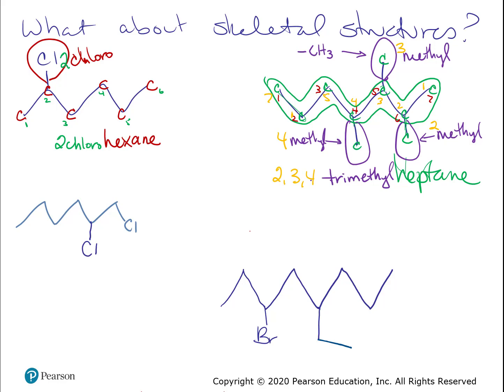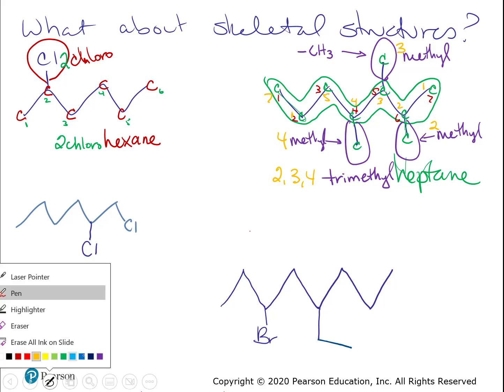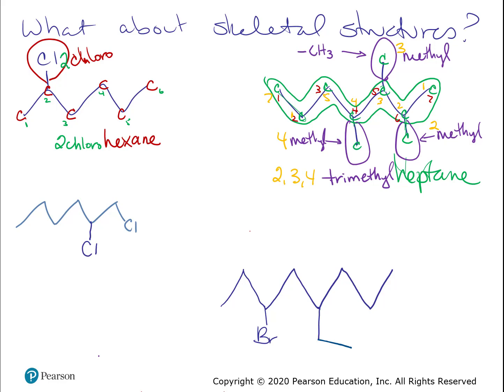So I want you to add your dots to indicate where the carbons are. Tell me then, how many carbons in total? How many do you see? This bottom left one.